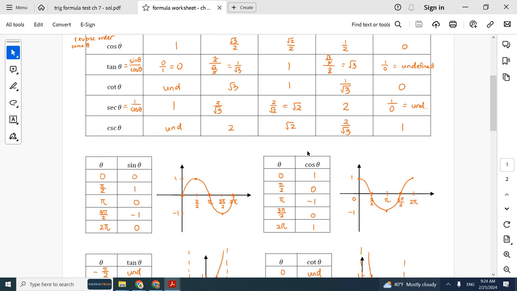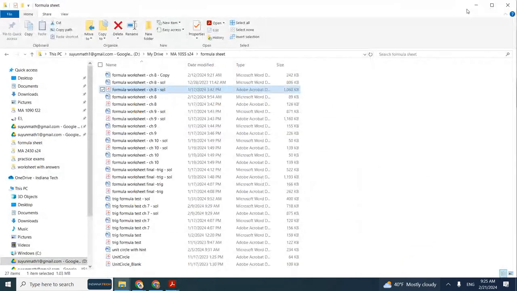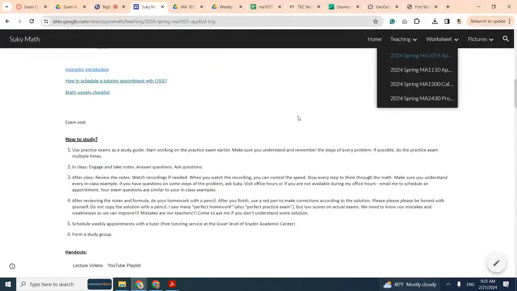If you have other functions, then the new period is going to be 2 pi over the coefficient of x in the angle. The midline here is the x-axis. But if you shift your graph up or down, the midline is going to change. Yes? Okay, so right now, let's play a Kahoot game.